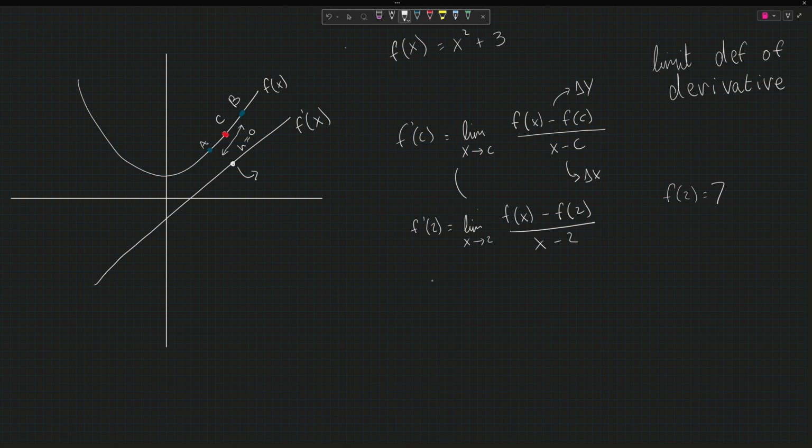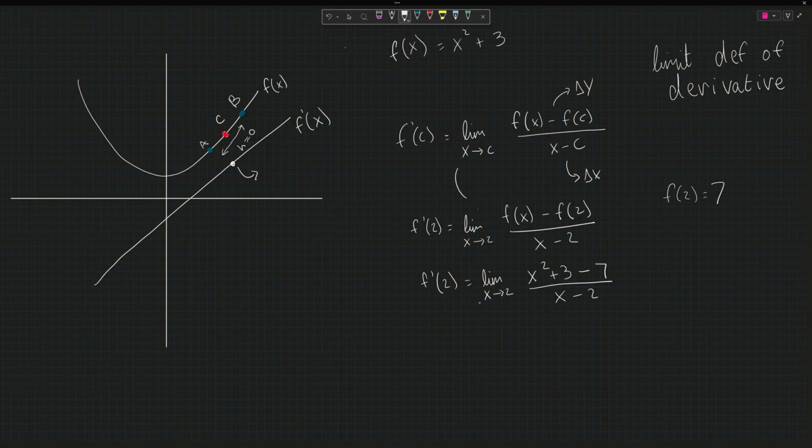So we're going to repeat this again, but we're going to substitute everything we know. So the limit as x approaches 2, f of x can be written as x squared plus 3, minus f of 2 is 7, over x minus 2. Now we cannot put in the x yet because that's going to be 0 over 0.